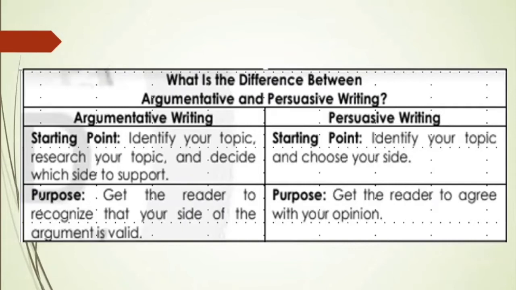Next, for the purpose, in argumentative writing, you have to get the reader to recognize that your side of the argument is valid. While in persuasive writing, the purpose is just to get the reader to agree with your opinion.